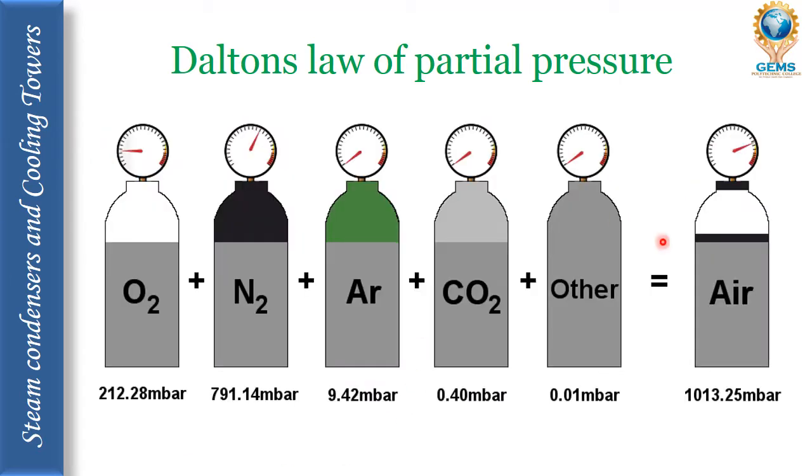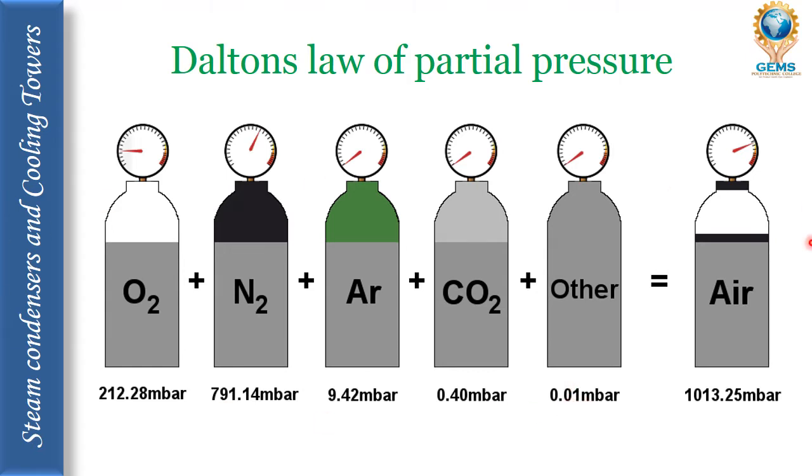So let's see an example illustration. The first chamber has oxygen at a pressure of 222.28 millibar, nitrogen at 791.14 millibar, argon at 9.42 millibar, CO2 at 0.40 millibar, plus other gases at 0.01 millibar.